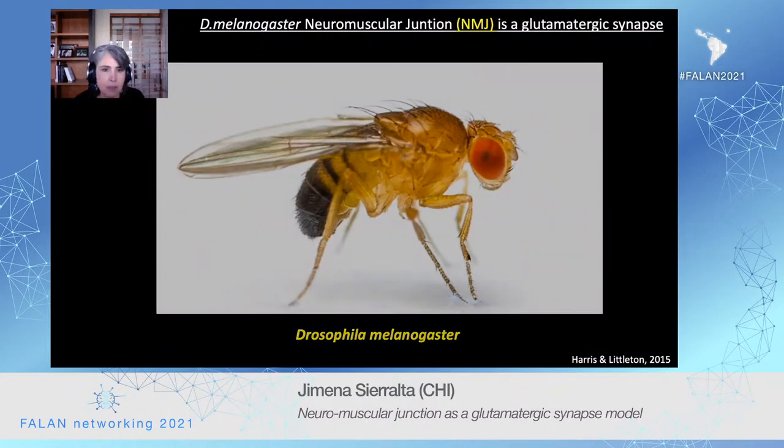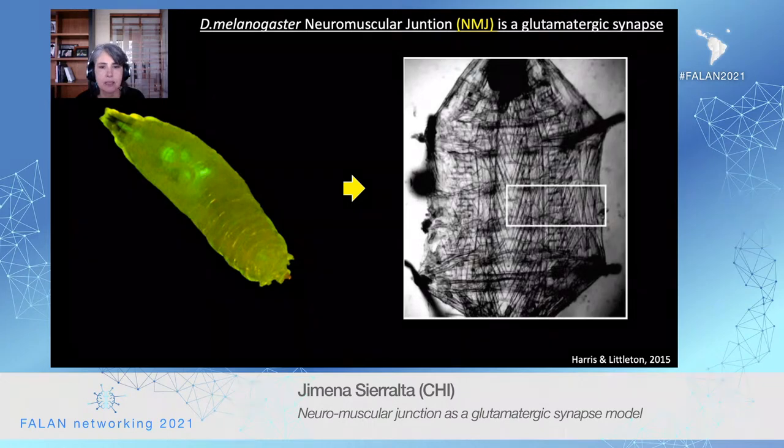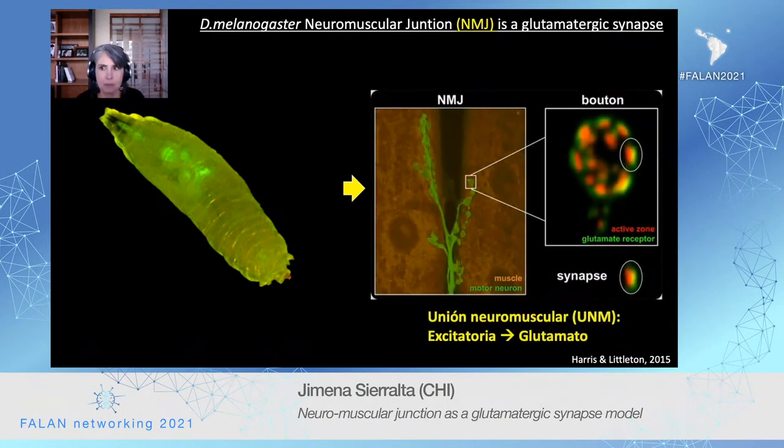But the neuromuscular junction has been used for a long time to study glutamatergic synapses, and they share a lot of features with the mammalian glutamatergic synapse. They are structured in boutons, and these boutons contain multiple active zones that can be labeled very specifically with markers like BRP.